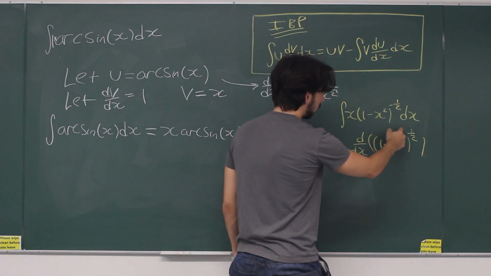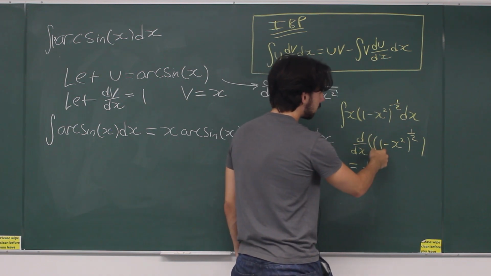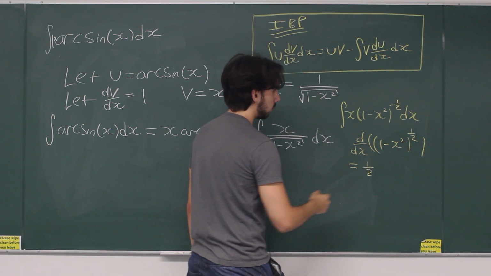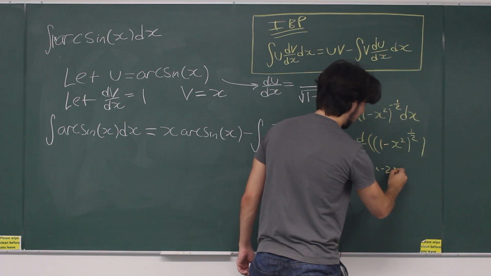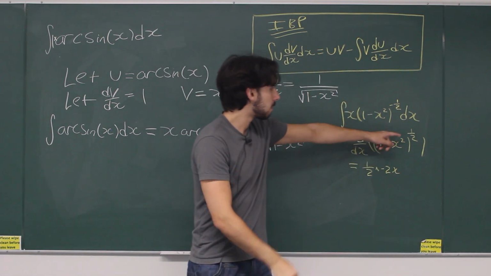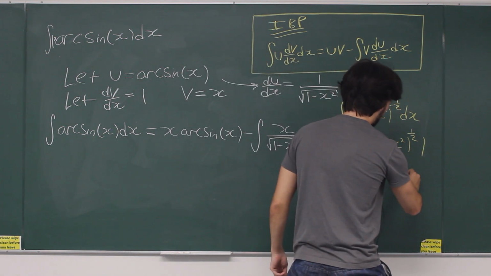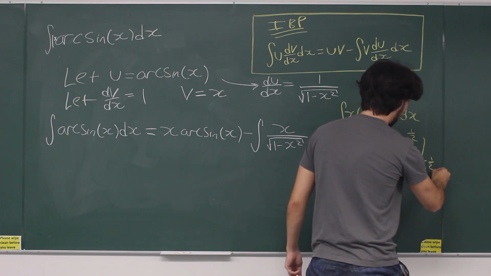The 1/2 would come down. This is the chain rule. Then I would multiply by the derivative of the inside of the brackets, which would be minus 2x. Then I would multiply by the whole thing again, but I would knock 1 off the power. So I'd be timesing by 1 minus x squared to the power of minus 1/2.